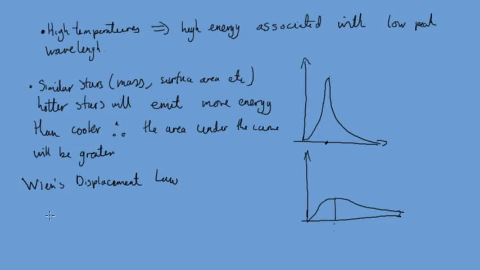Which states that the peak wavelength times the temperature at which it's found is equal to a constant, and that constant is 2.8 times 10 to the minus 3 meters per Kelvin.